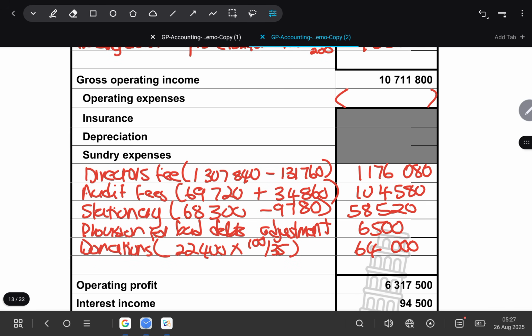So you take this to subtract your gross operating income from operating profit. So 10,711,800.